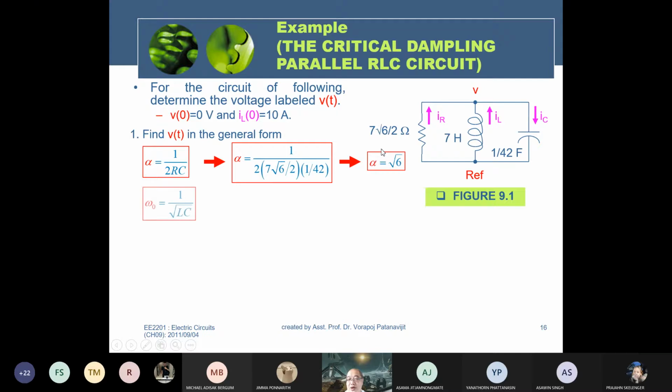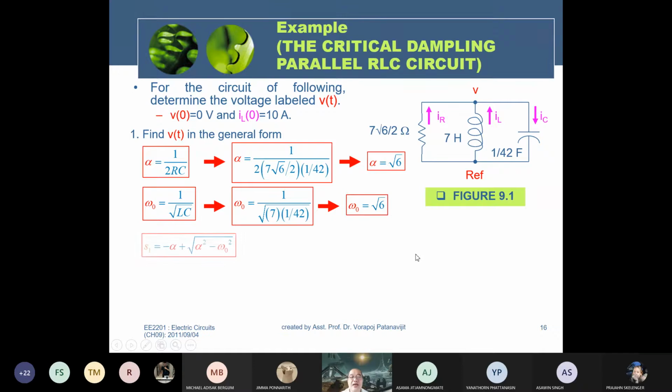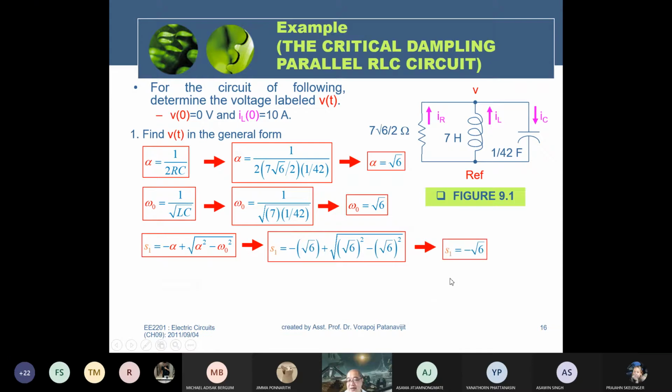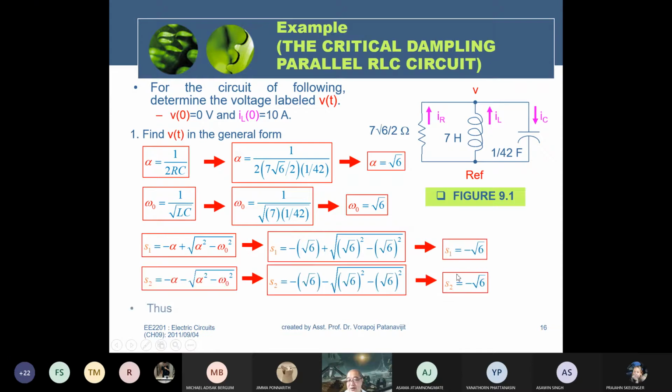Alpha equals square root 6, or approximately 2.6 or 2.7. Omega sub 0 equals 1 divided by square root LC, equal to square root 6 again. You can see that both of them are identical, so alpha is exactly equal to omega. It becomes the critical damp case. Substituting, you get S1 equals minus square root 6 and S2 equals minus square root 6.